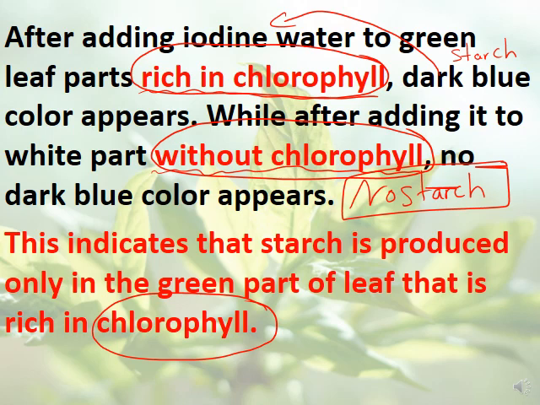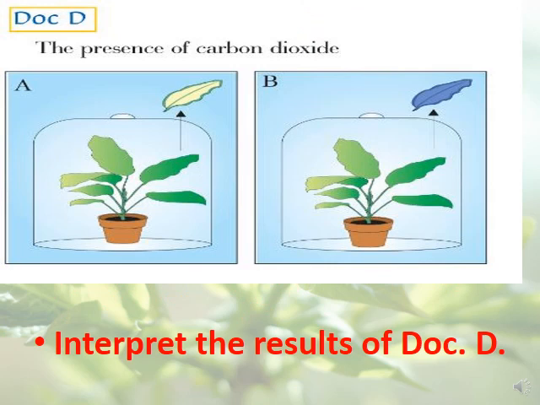Let's now move to another experiment, document D. The presence of carbon dioxide in plant 1 or in medium 1. Medium 1 is poor in CO2, while medium 2 is rich in CO2.